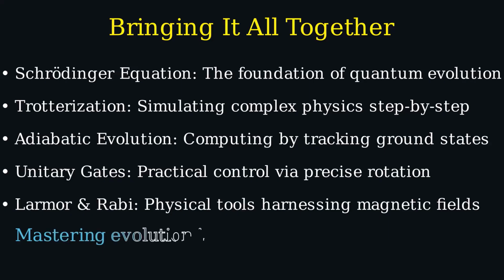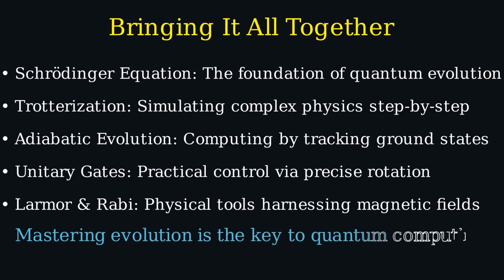Trotterization lets us simulate complex quantum systems. Adiabatic evolution offers an alternative computational paradigm. Understanding these principles is essential because quantum algorithms are ultimately just careful, orchestrated sequences of quantum evolution designed to solve problems that are intractable for classical computers.